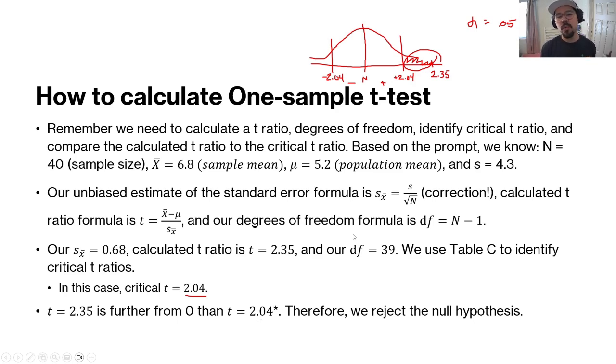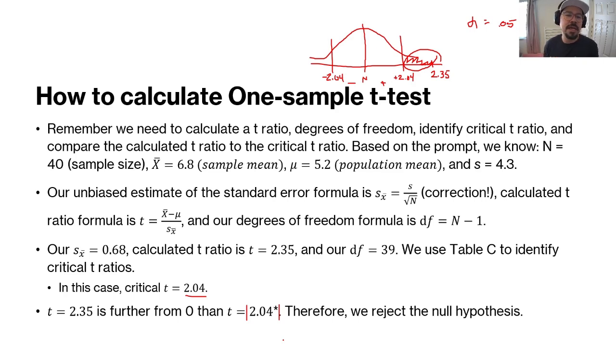Now that's how I want to show you and hopefully help you get comfortable with thinking about comparing these two values. The reason I gave a little asterisk here is because I want to point out that the critical t value is effectively expected to be understood as an absolute value. If you remember learning about absolute values, you may recall that an absolute value doesn't actually have a positive or a negative symbol attached to it. It's just the number by itself.